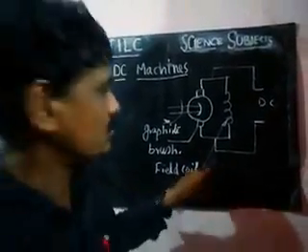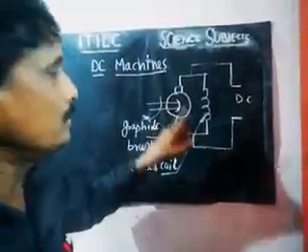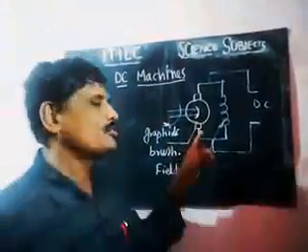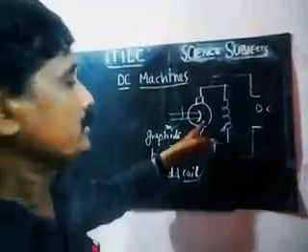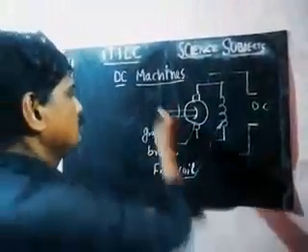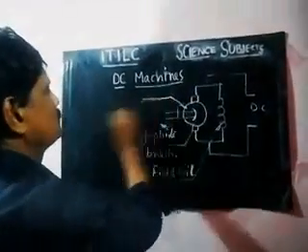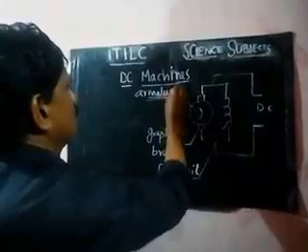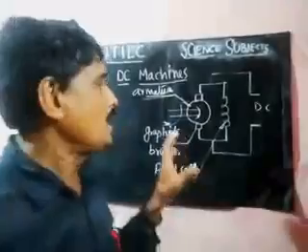The field coil produces magnetic flux for the production of EMF, electromotive force, in the generator. And this one is the rotor, that is the armature. The armature consists mainly of armature conductors.